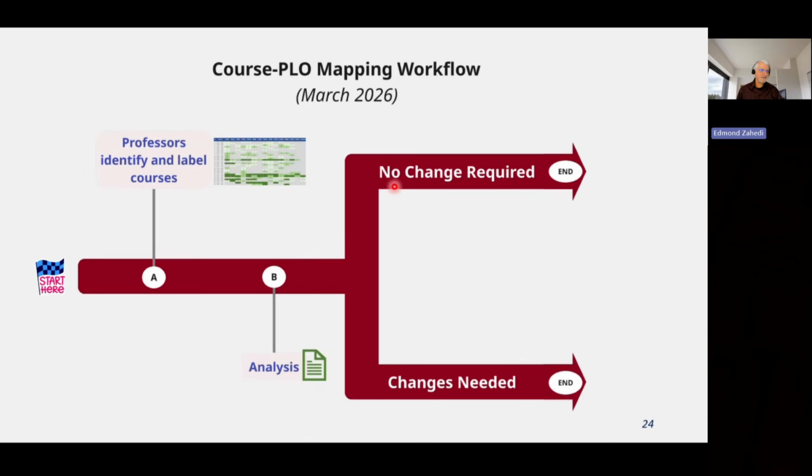And we see a kind of split here, where phase A is when you ask your professors to label the courses that you would have identified. You produce the matrix. Phase B is the analysis, the report that I mentioned to you. And then based on the outcome or the finding, either there are no changes required, perfect, everything is done, or there may be some changes that are required. So if evidence shows that there are some gaps or redundancies, something needs to be done.